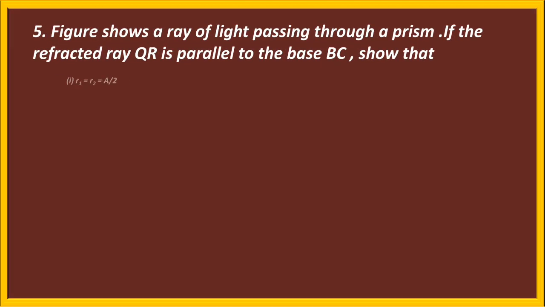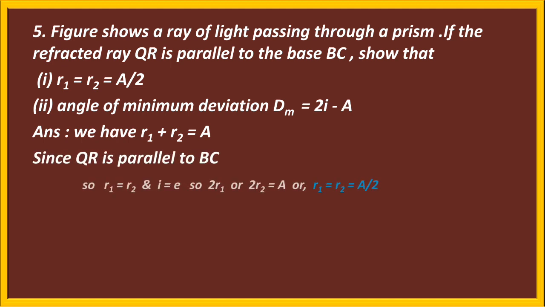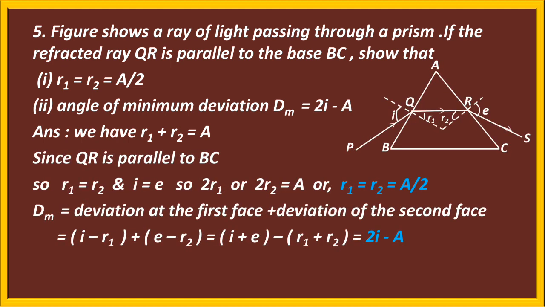Now the next question, question number 5. Figure shows a ray of light passing through a prism. If the refracted ray QR is parallel to the base BC, show that R1 equal to R2 equal to A by 2.